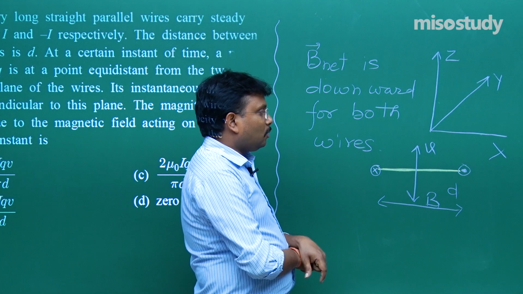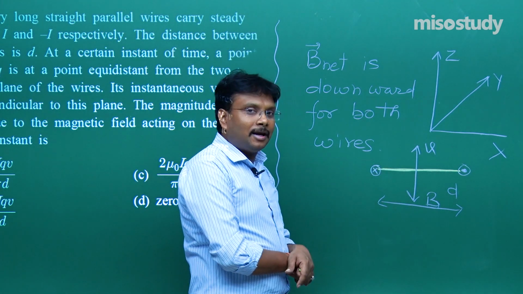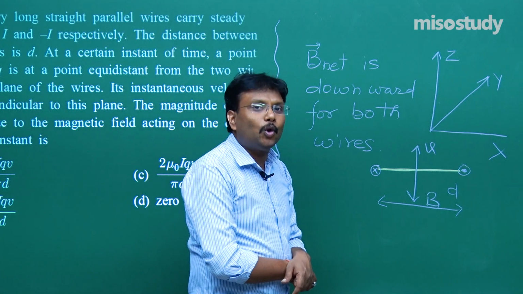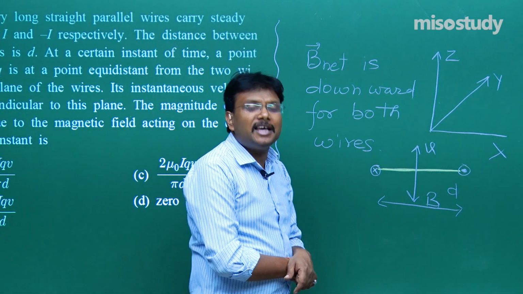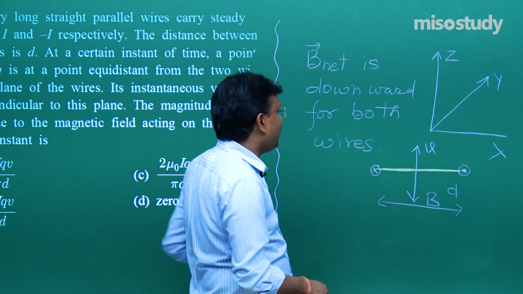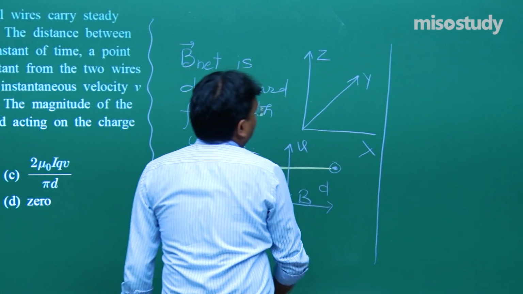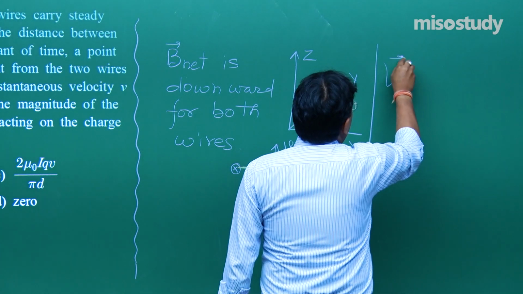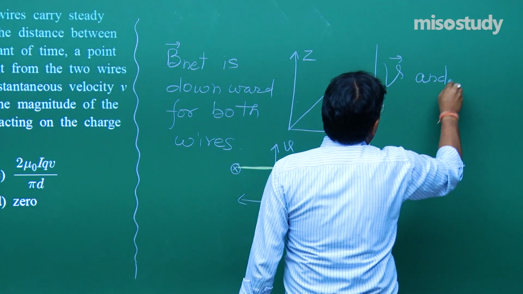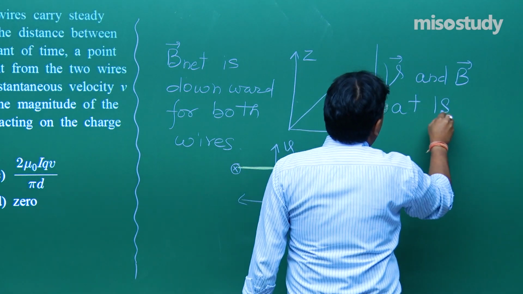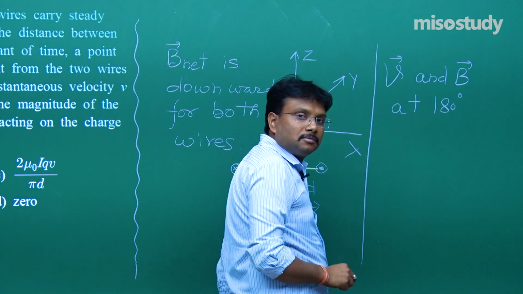Now, in this particular problem, from the diagram it is clear that velocity and magnetic field both are parallel to each other, at 180-degree angle. I think I should write it down over here. V and B at 180-degree.